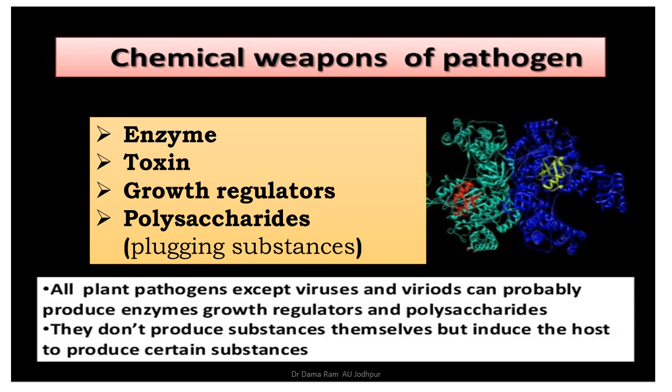All plant pathogens except viruses and viroids, because viruses and viroids always depend on host machinery, so they cannot secrete any enzyme, growth regulator, or toxins. Other pathogens like fungi and bacteria secrete enzymes, toxins, or growth regulators.